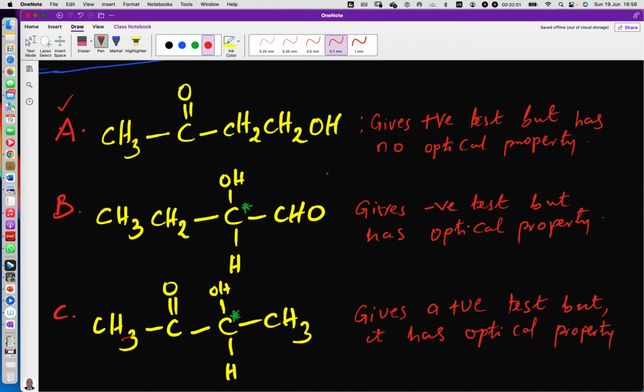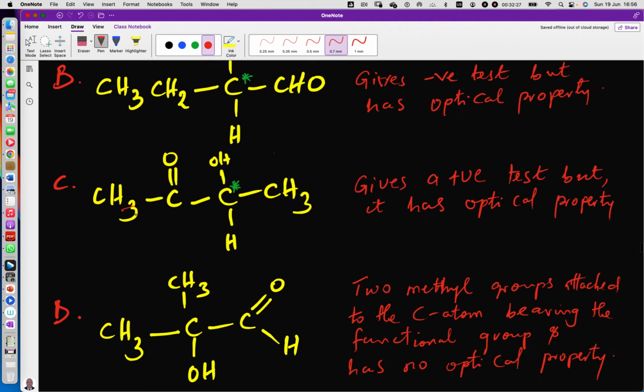It also has an optical property because it has an OH group, CHO, hydrogen, and the ethyl group. So this one gives a negative test and has optical property. It has also failed the test. So let's go to C.